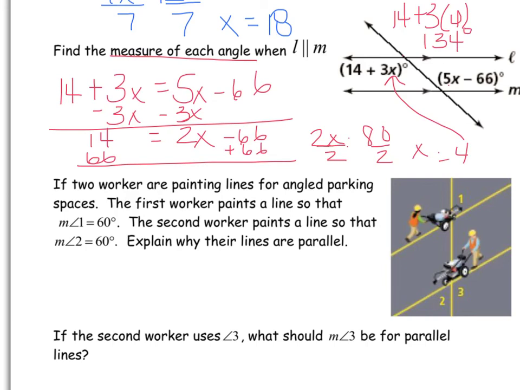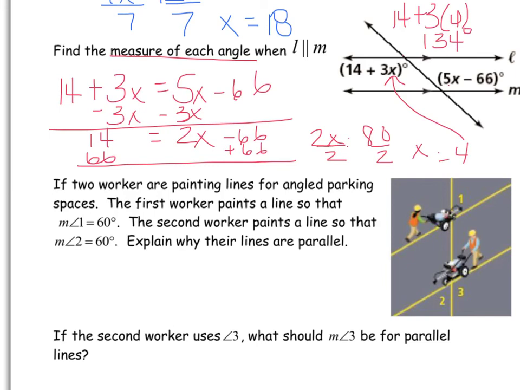Alright, now here's one where you guys might not ever pay attention to parking spaces, but if you got this picture of the guys painting the lines for parking spaces, if two workers are painting lines for angled parking spaces, the first worker paints a line so that the measure of the angle is 60. The second worker paints a line so that the angle 2 is 60. Explain why their lines are most definitely parallel.